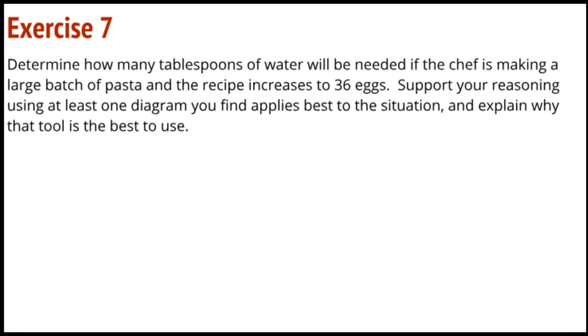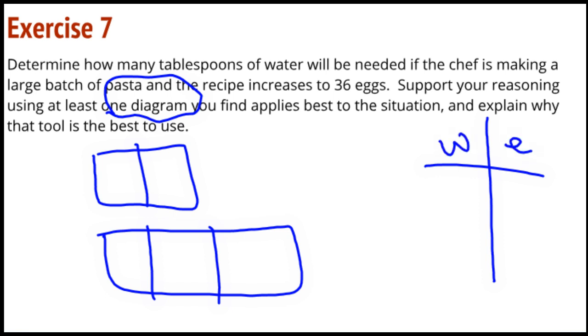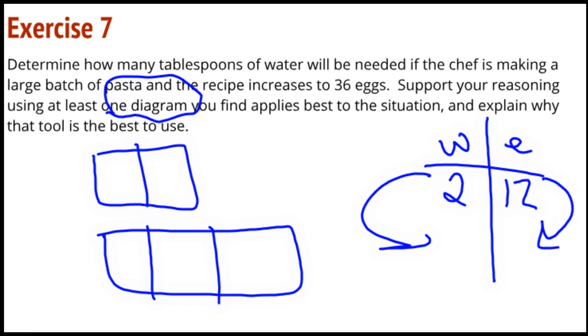Of the 3 tools, the diagram, the one that really to me resonates, is the tape diagram. Probably because we've spent so much time using them that it really is a solid representation for me. Probably my second favorite is the table with the water and the eggs, and really seeing the scaling that's happening.